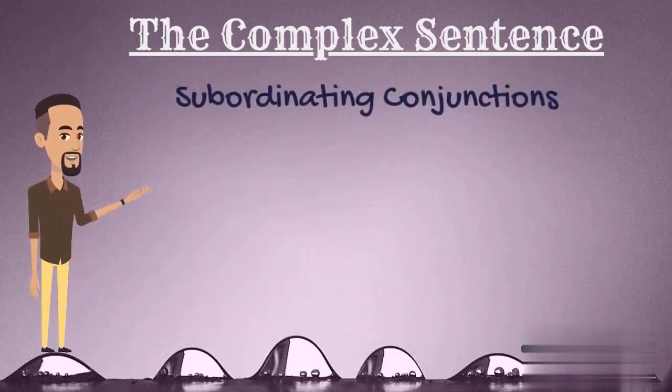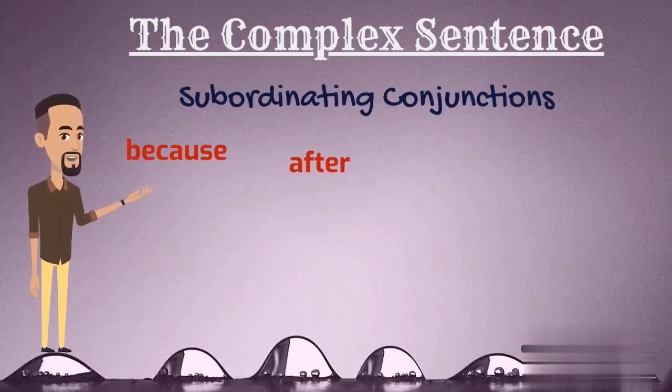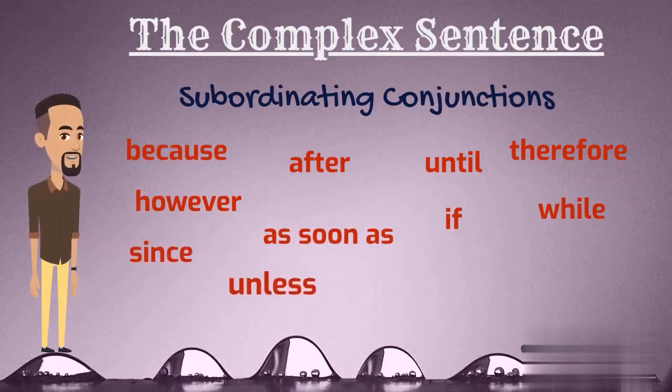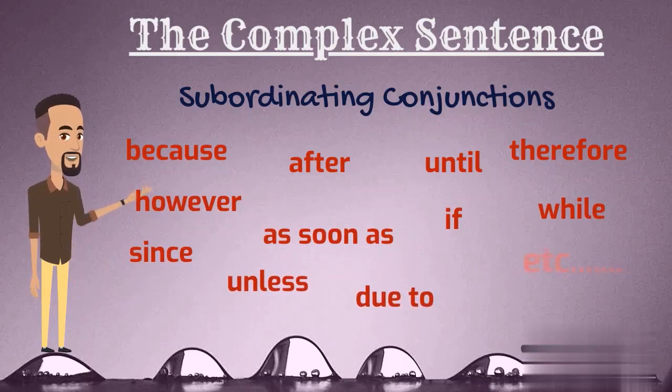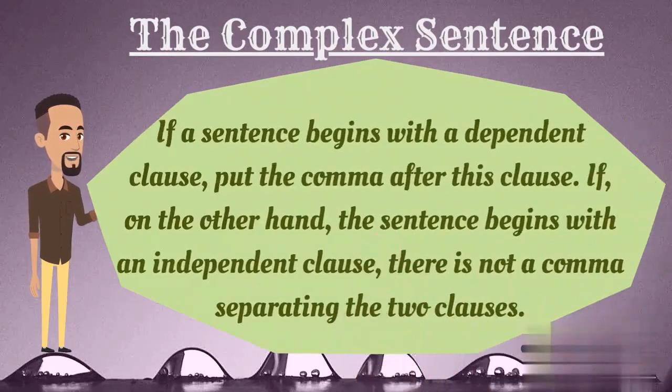To join the parts of the complex sentence, we use subordinating conjunctions, such as because, after, until, therefore, however, as soon as, if, while, since, unless, due to, etc. If a sentence begins with a dependent clause, put the comma after this clause. If, on the other hand, the sentence begins with an independent clause, there is not a comma separating the two clauses. We don't need it.